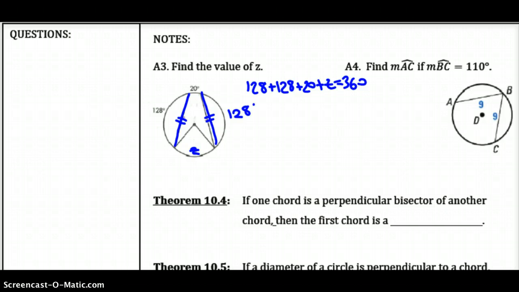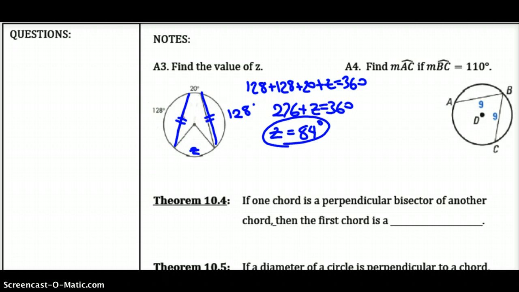Now let's condense that left side there. And looks like we got 256, 276. Looks like 276 plus z equals 360. Thus z would have to be 84 degrees.